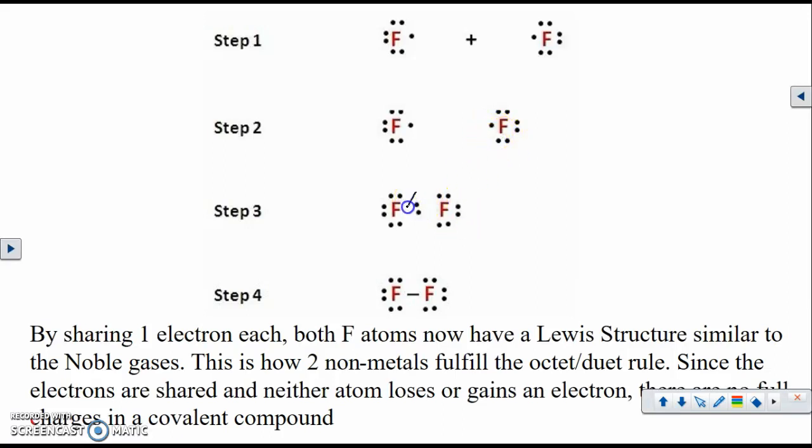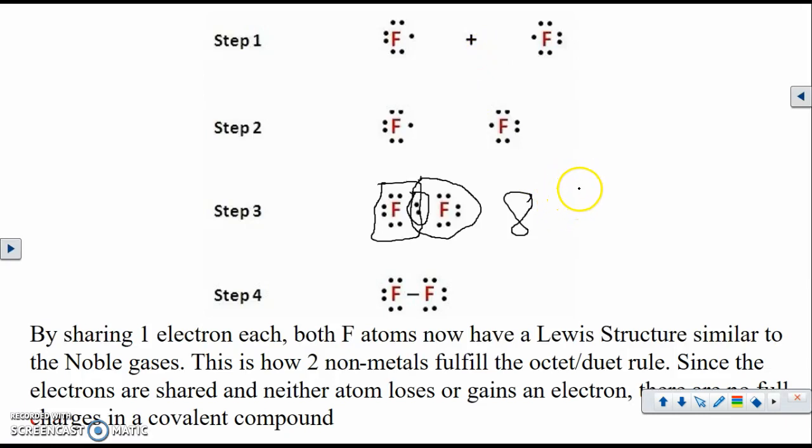If they share 2 electrons, I want you to count how many electrons are around each fluorine now. Along with their 7 valence electrons, with the shared electrons, they each now have 8. So by sharing electrons, nonmetals fulfill the octet rule.